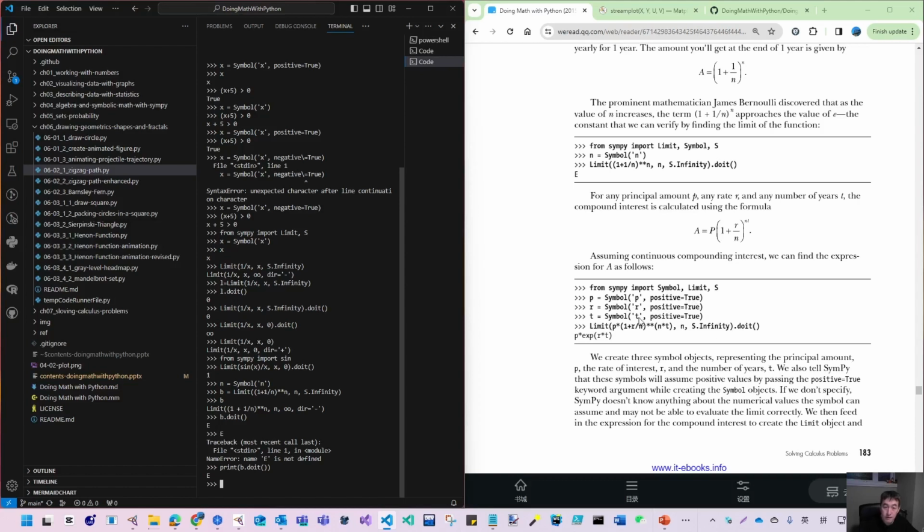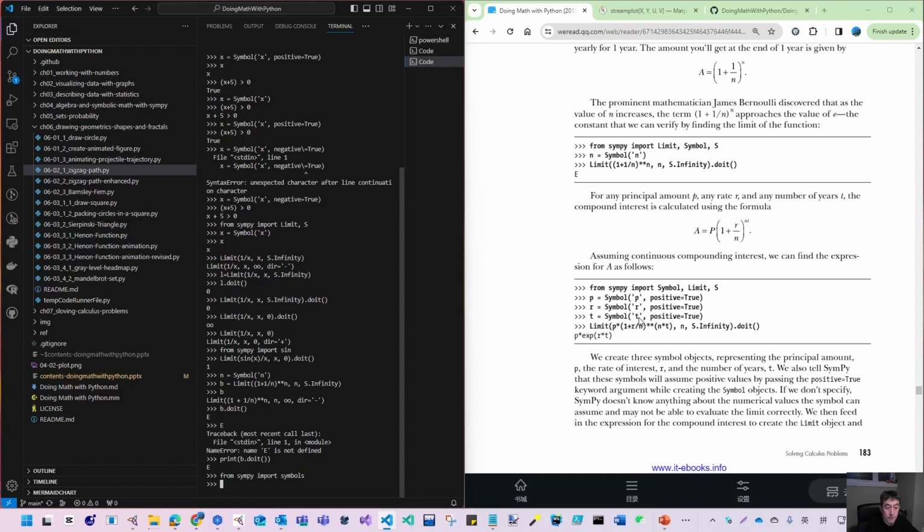So let's see whether we can make this assumption altogether in symbols. So import symbols. I want P, R, T as symbols, and together give them positive is true.